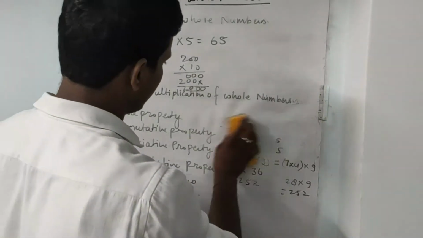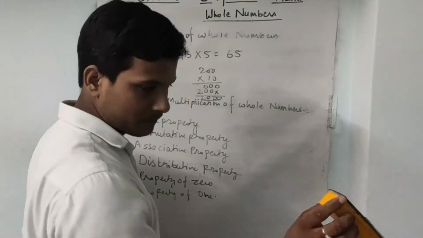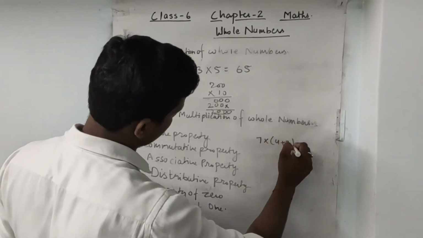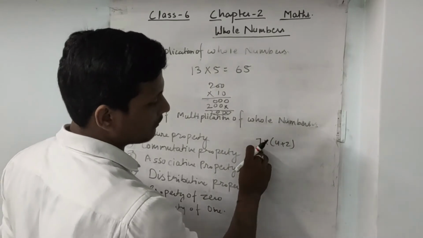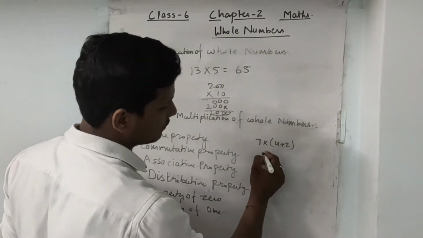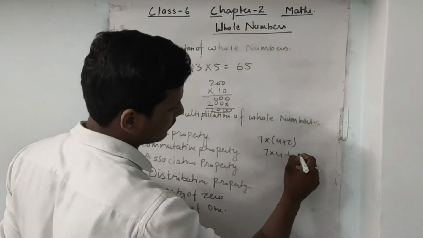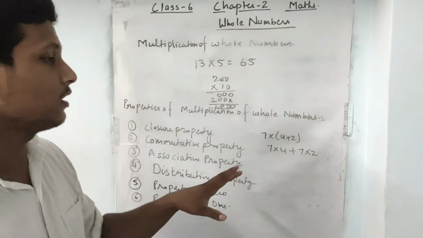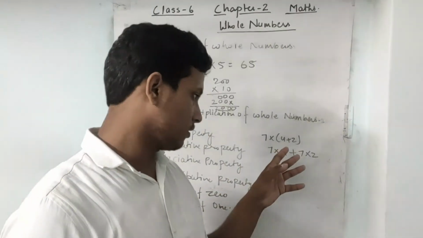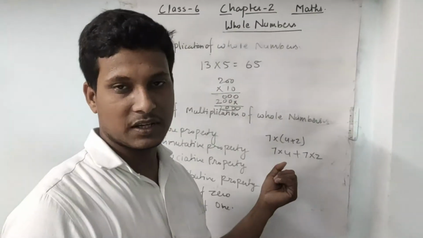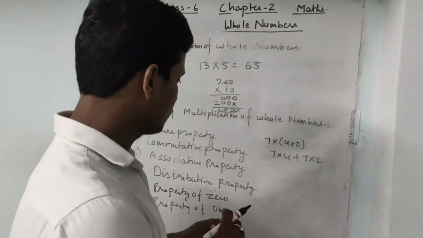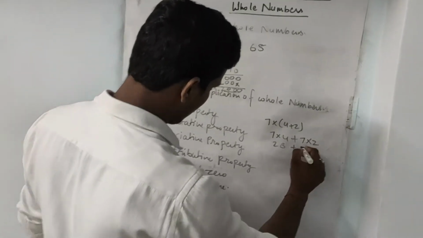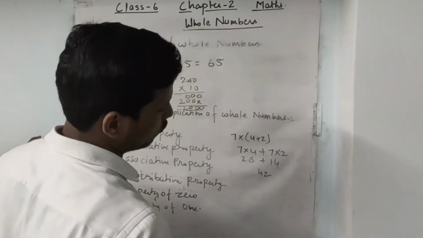The next is the distributive property, which is an important property. Like we have written 7 multiplied by (4 plus 2). Here 7 will be distributed over these two values: 7 into 4 plus 7 into 2. That is called distribution of multiplication over addition. 7 fours are 28 plus 7 twos are 14, that is 42.